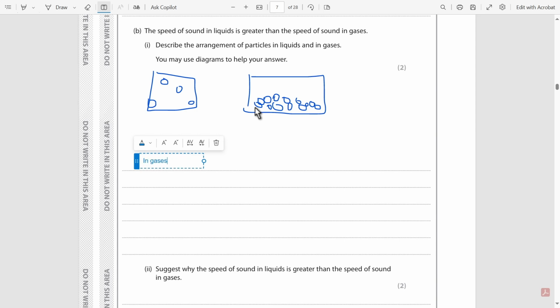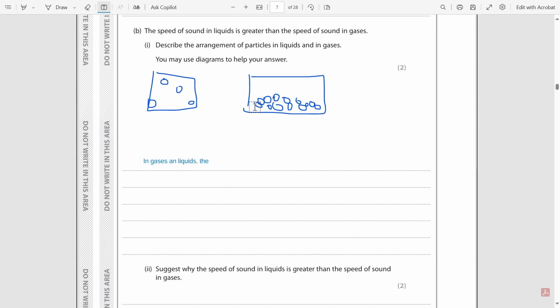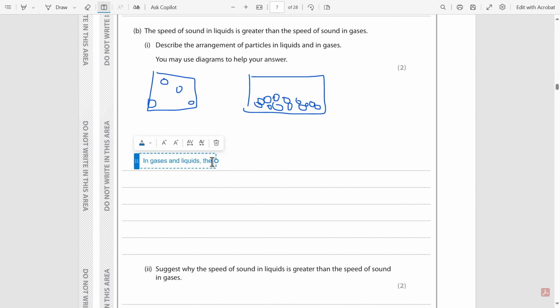So in gases and liquids, the particles are arranged irregularly, or you can even say randomly.